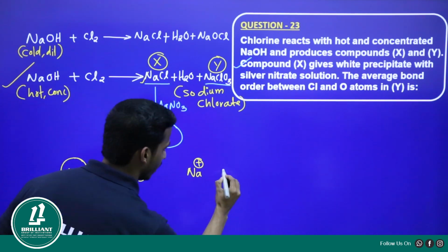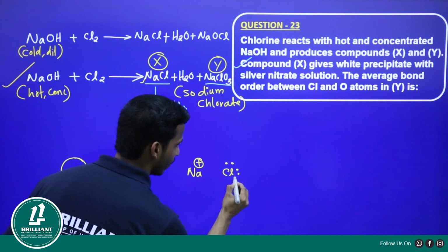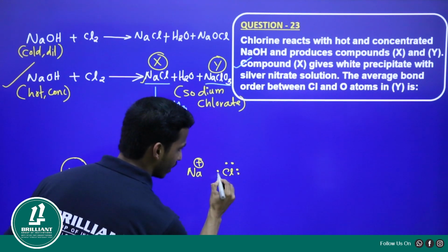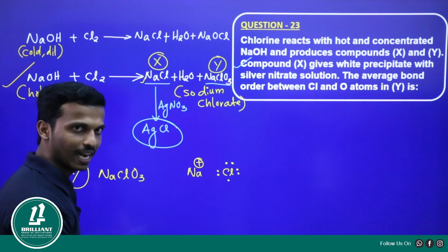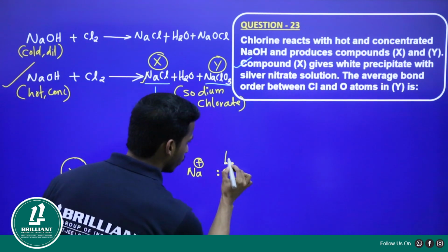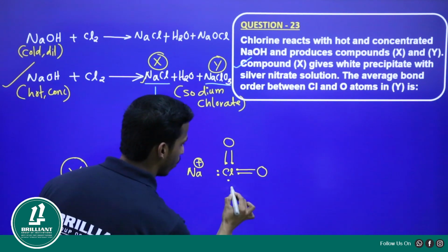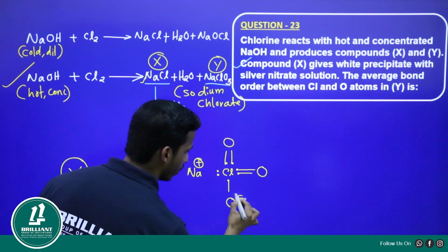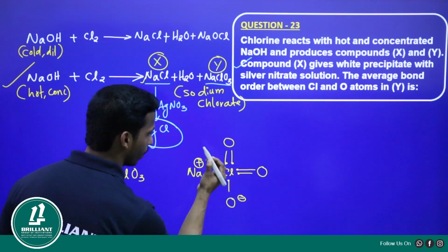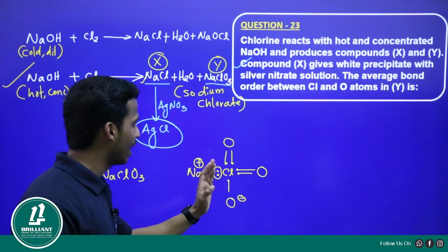What is the anionic part? Cl, chlorine, it has a total of 7 electrons in its valence shell, right? It is surrounded by 3 oxygen atoms. So here 2 of the oxygens are making double bonds, 1 of them making a single bond. It has a negative charge and 1 lone pair is left over. This is the structure of NaClO3.